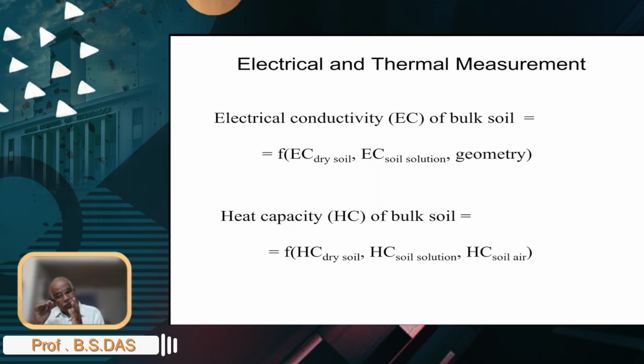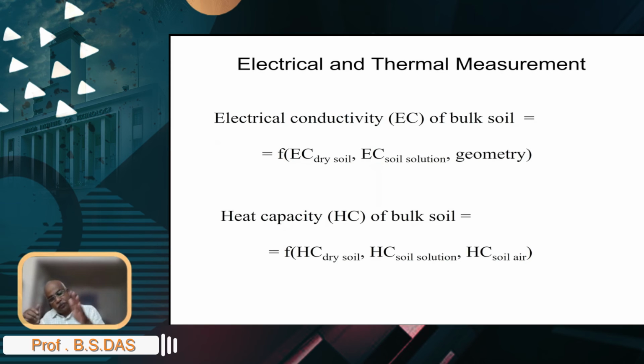One of the difficult aspects of the electrical conductivity probe is the geometry. Imagine that when the soil becomes unsaturated, you have water, or the electrolyte solution, present in the soil pore network.